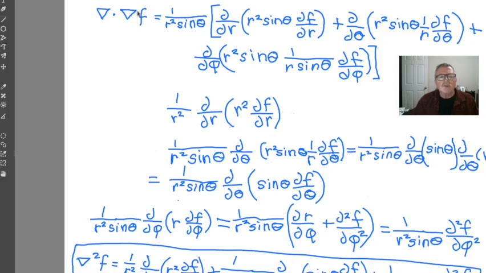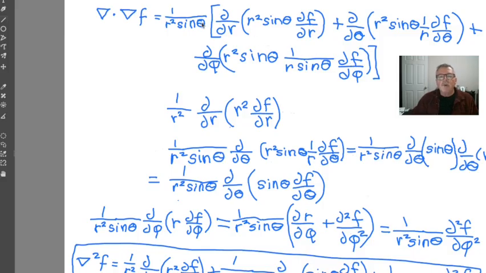So just like the vector, in place of the vector components, we have the partial of f with respect to r, which is the radial component of the gradient, the theta component, and the phi component. So maybe this helps make that not so screwed up or messy.